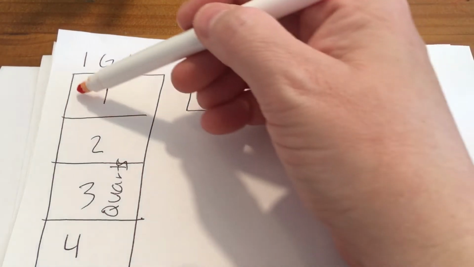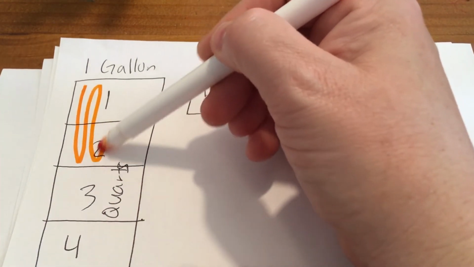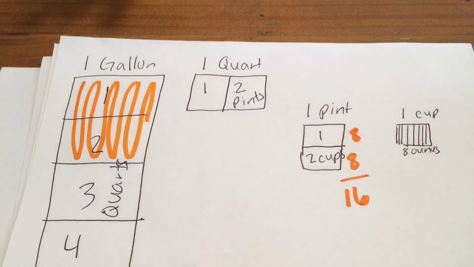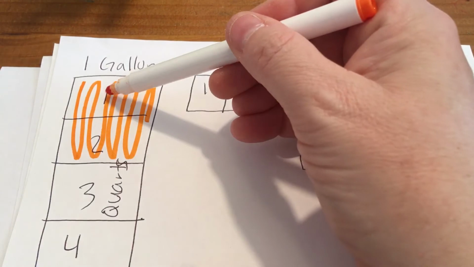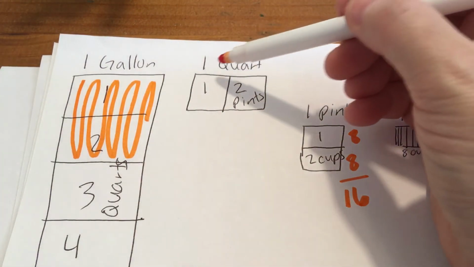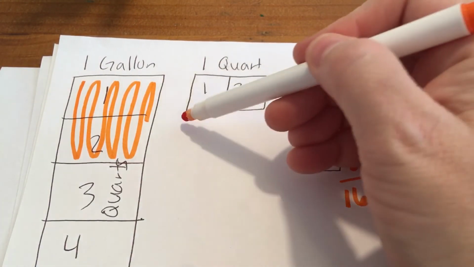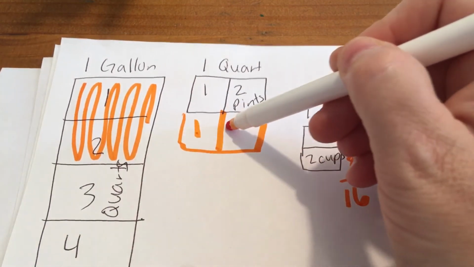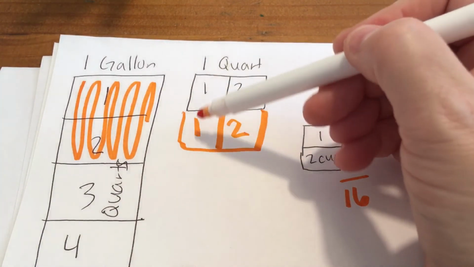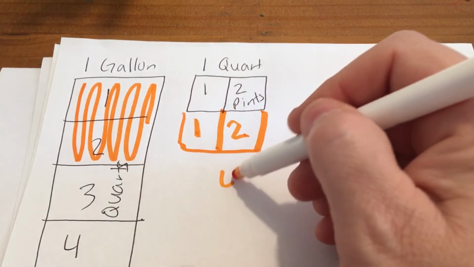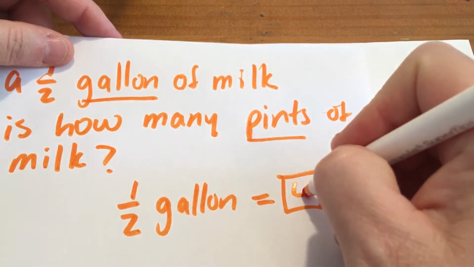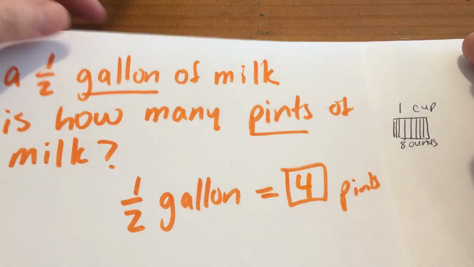But they are asking us how many is a half a gallon. So we're going to color in a half a gallon. And so a half a gallon is 2 quarts. Well, this is only 1 quart, so we need to add 1 more quart. And in that quart, there's 2 pints. So how many pints? 4. So a half a gallon is equal to 4 pints.